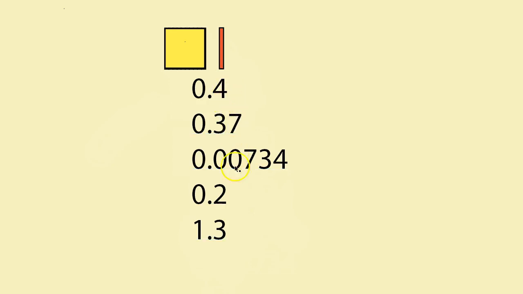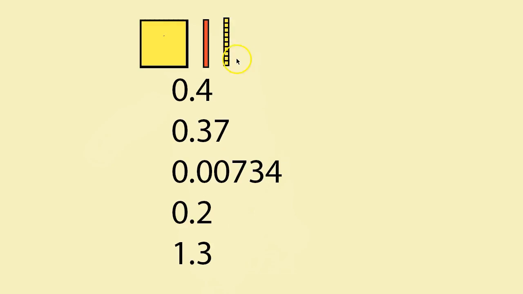And this next column, where 7 and 0 are, is 2 columns over from the units. Again, we need to make this 10 times smaller. So I'm going to split it into 10 and just take one of those pieces. And that's what the 7 in that position is telling us, that it's 7 lots of these. These are hundredths.